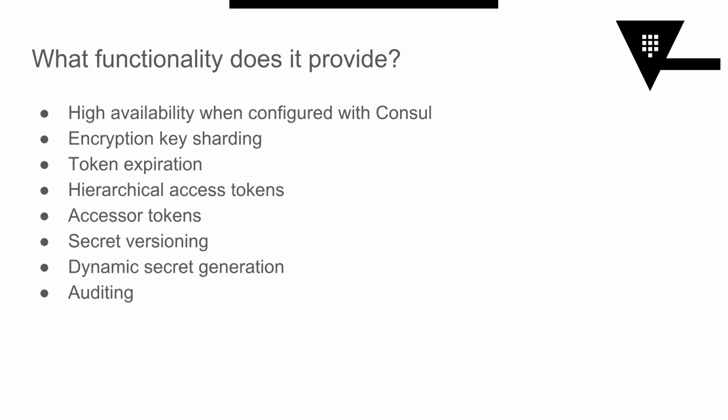What's really nifty about this is you could shard that key. Instead of having one key with one person who has complete access to unlock it, which is a little sketchy, you could shard it as many times as you want. I think the default is 5 shard keys. So you have 5 unique keys, and it's kind of like submarine launch control, where you have to have both keys turned to send the missile out.